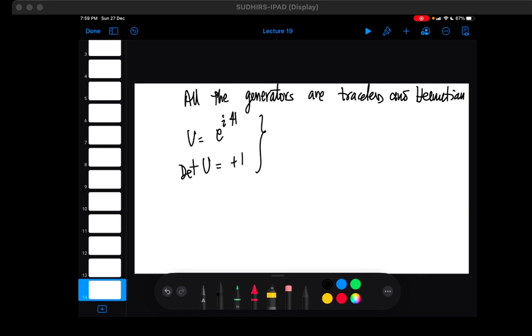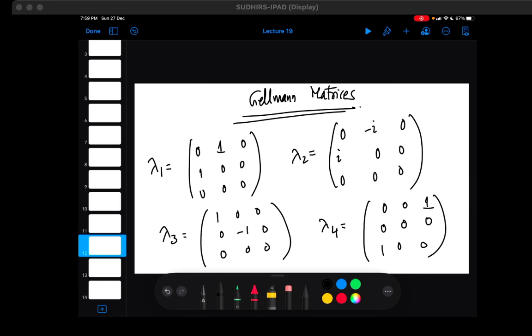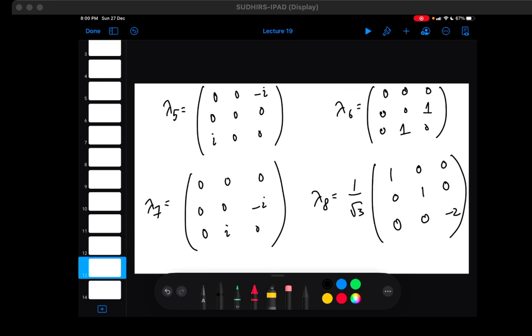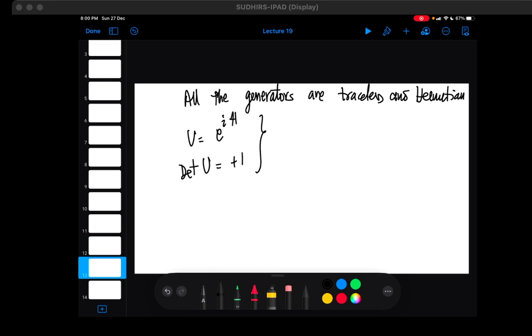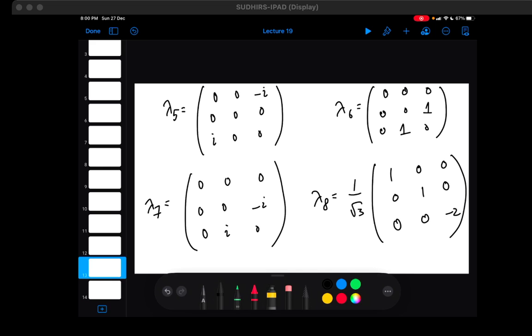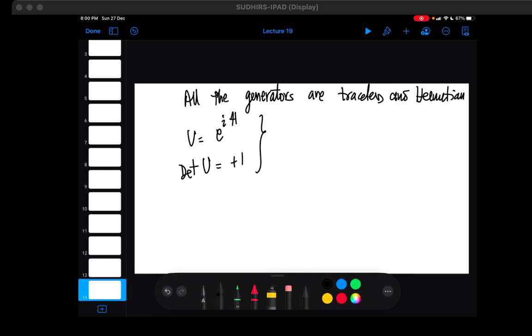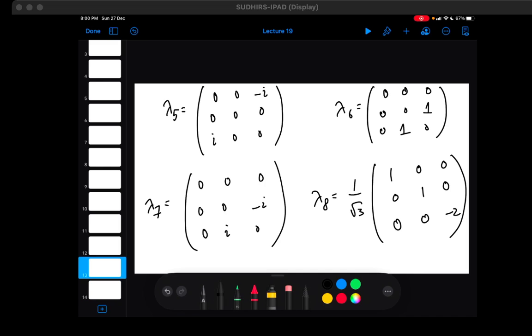And these generators, 8 of them, are 3 by 3 as expected, because it's a group of 3 by 3 unitary matrices, and so the generators are also 3 by 3. This is the fundamental representation of SU3.